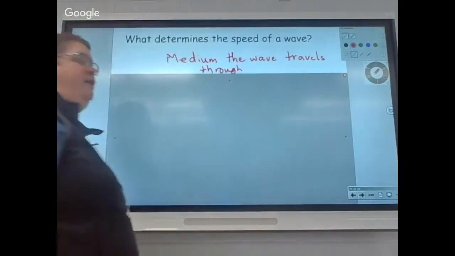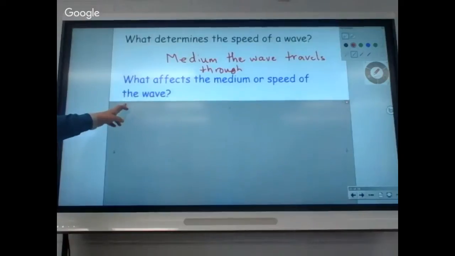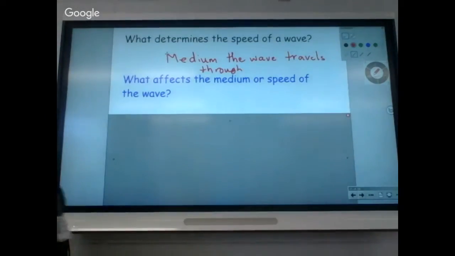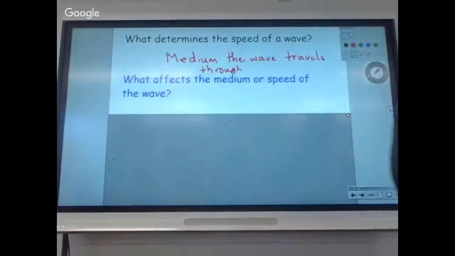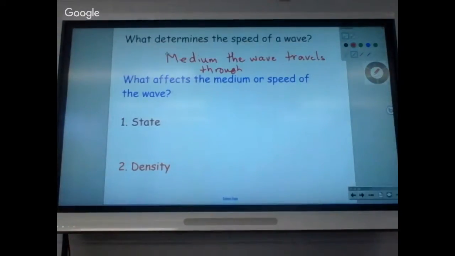Okay, the medium the wave travels through. The medium affects the speed of the wave. Now, what affects the medium or the speed of the wave? Well, there are four things that affect the medium.